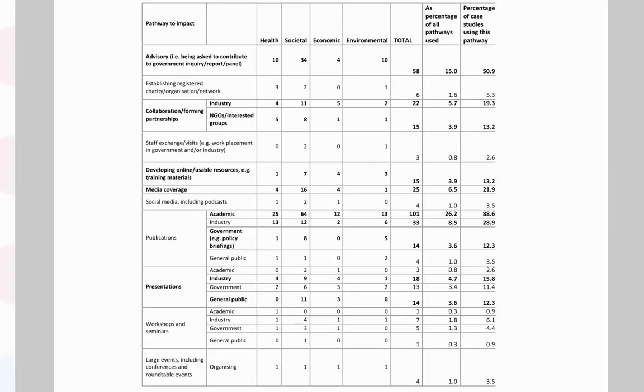It identifies pathways including contributing to the government by submitting a report, participating in an inquiry or a panel, establishing a registered charity or an organisation or a network, developing online resources. I know that there's one of our academics here at the University of Sydney working in the area of educational psychology that is busy producing a website to really get the community involved in the work that they are doing.